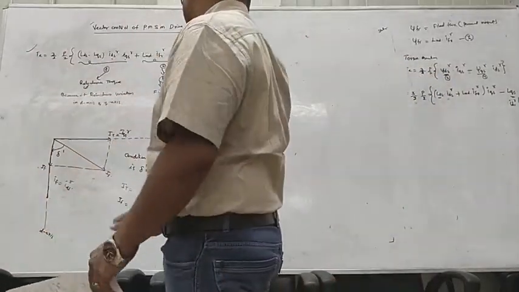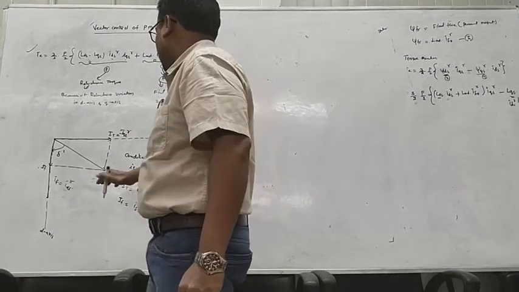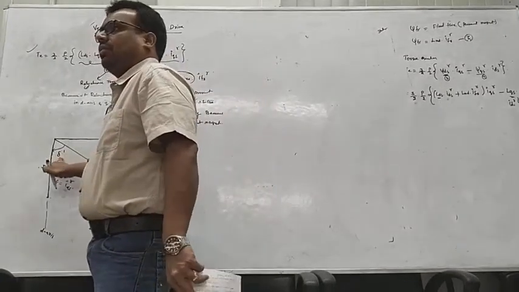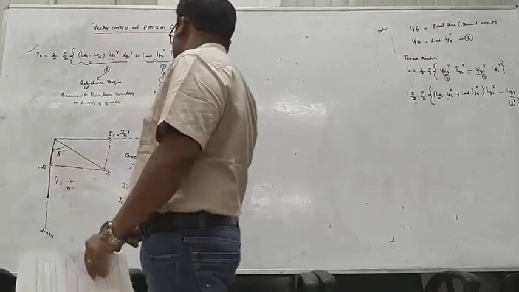The condition for vector control is delta prime equal to pi by 2.